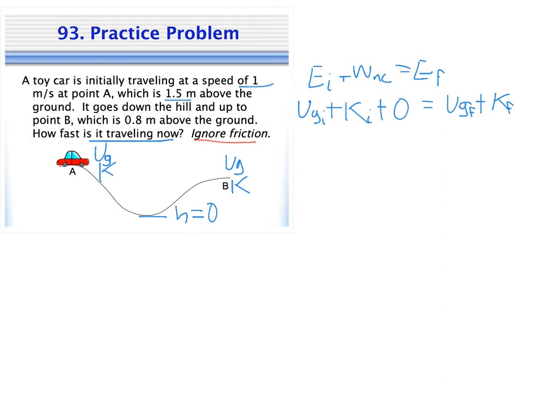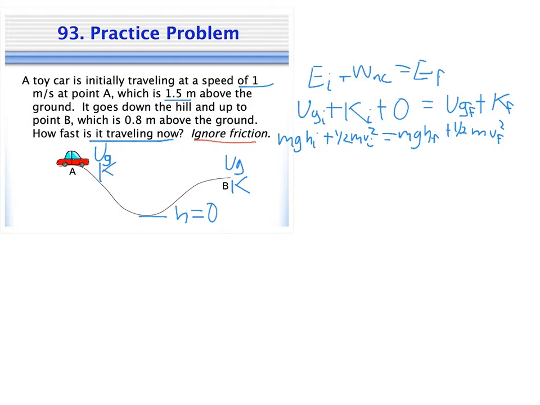Next, I'm going to fill in the equations I know here. So I have mgh initial plus 1/2 mv initial squared, and that's going to be equal to mgh final plus 1/2 mv final squared. Once again, I'm going to fill in the numbers that I know.